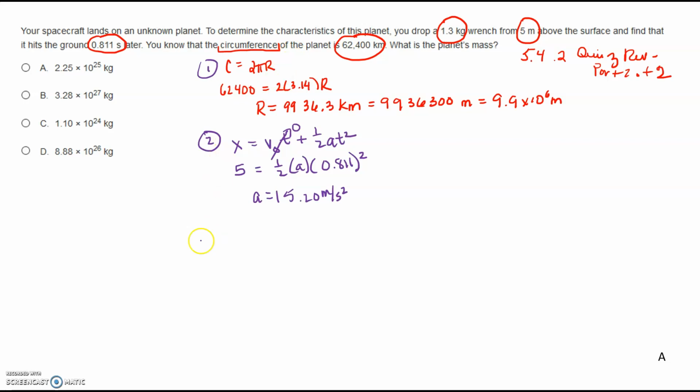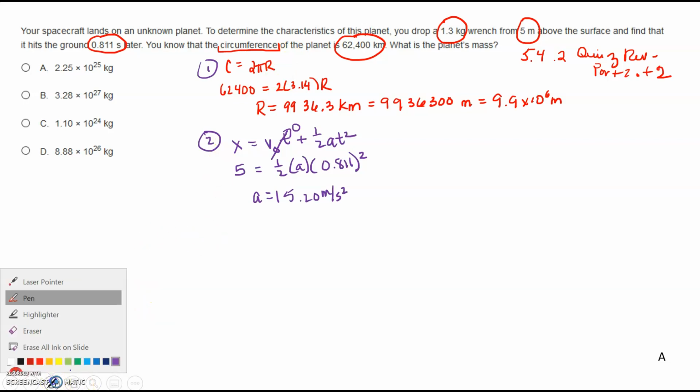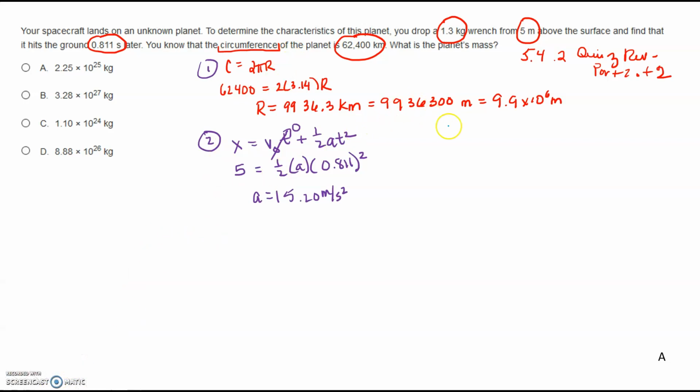So then what I did, let me change colors again, was I said, okay, I'm going to set Fg equal to the force of weight, which means I have G, M1, M2 is equal to mg over r squared.